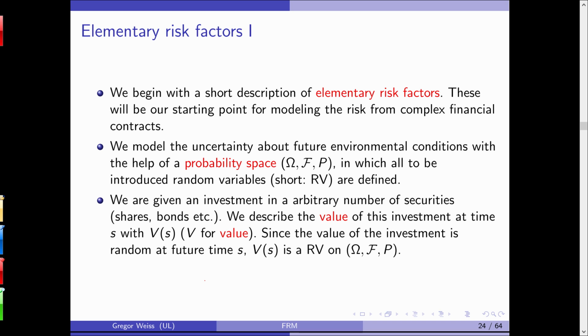And this stock investment, for example, has a value. So we need a random variable V at point s. s is a point in time. And of course, the value can change from one day to another. And since the value of this investment is random at a future time s, it's a random variable on this probability space.